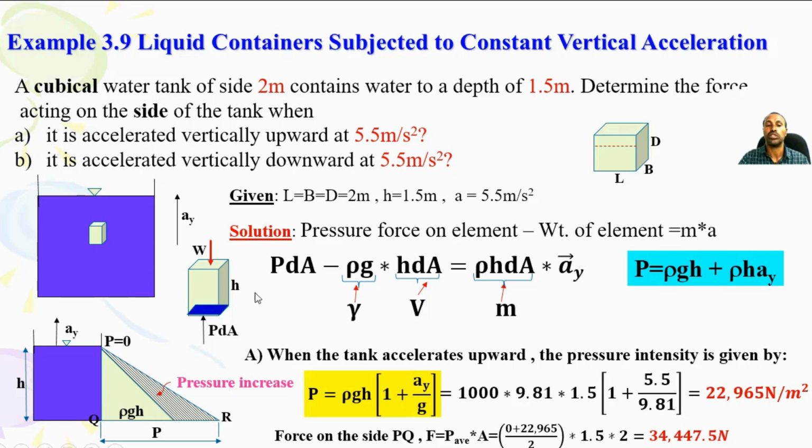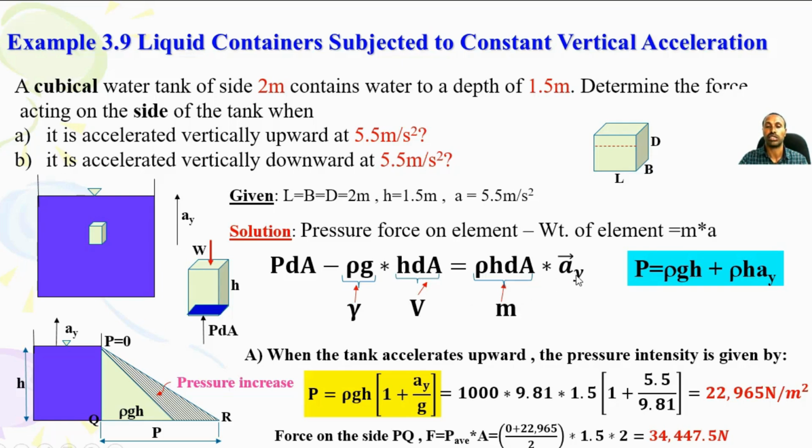So you have the weight of the element. Weight means gamma times V, which is rho g, the unit weight, and volume is h times dA, because you have h and you have dA, the elemental area at the bottom of the fluid element. So h dA is volume, and gamma times volume is the total weight of the element.